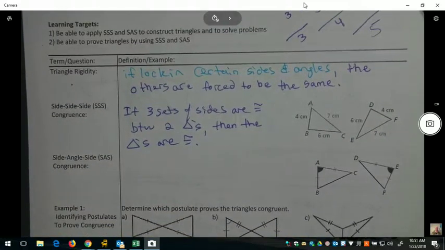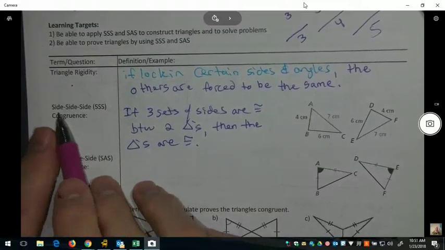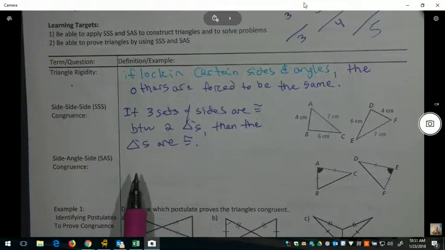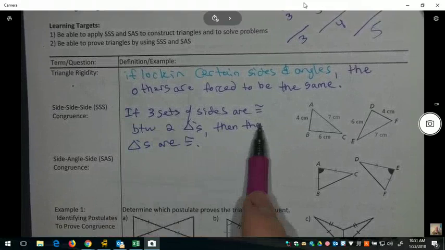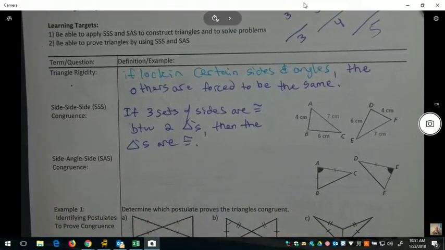And then all of their angles will be congruent by CPCTC. But this thing itself, side, side, side, it is a postulate. But we don't need to memorize whether it's a postulate or theorem for this. It just says if the 3 sets of sides are congruent, then the triangles are congruent.